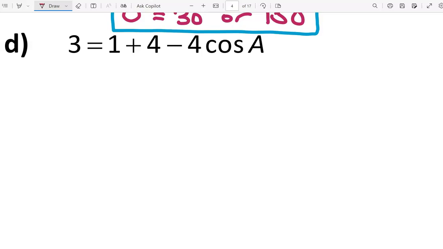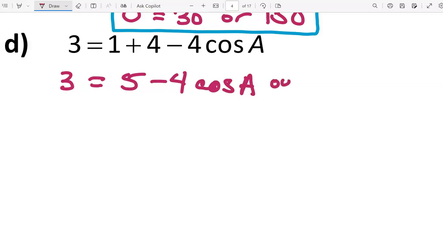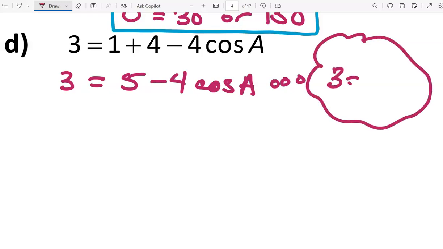3 is equal to 1 plus 4 minus 4 times the cosine of angle A. This time we'll solve for the angle measure. So I'm going to clean up some things here. And I want you to be careful. We cannot subtract 5 minus 4 before we multiply by cosine of angle A. So I want you to think of this as an equation not unlike 3 is equal to 5 minus 4 times x.